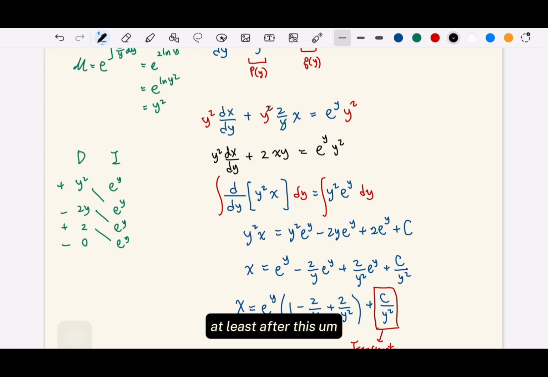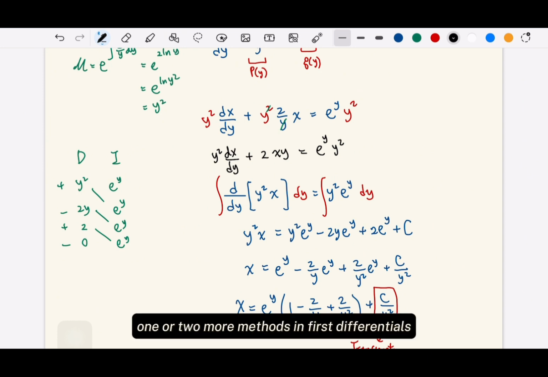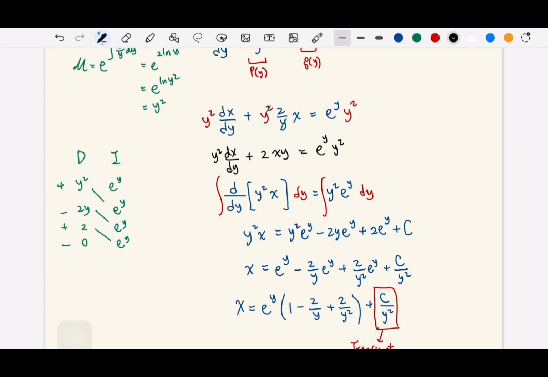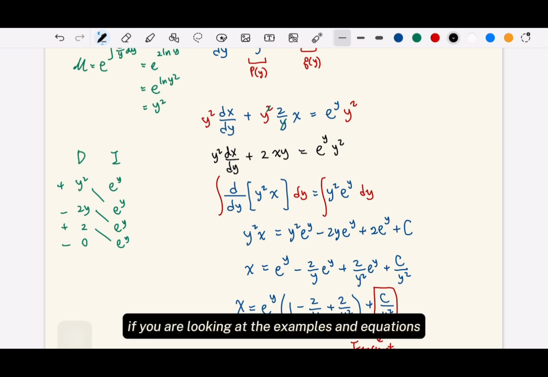At least after this, one or two more methods in first differentials, then we are done, and we move to the higher order. The higher order is actually similar, but it takes much more time and process.